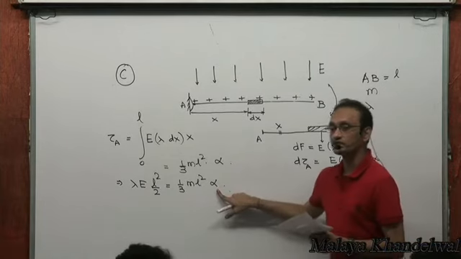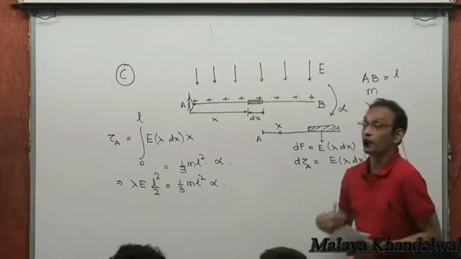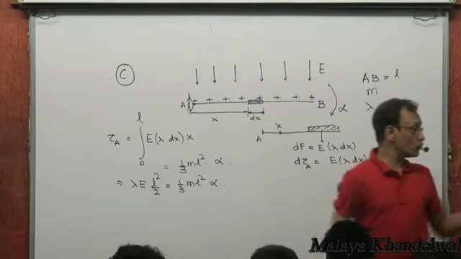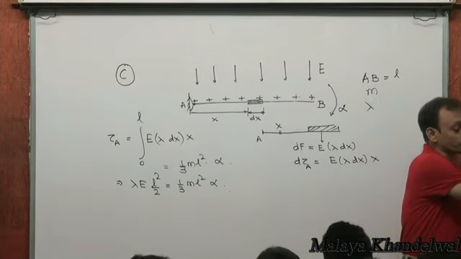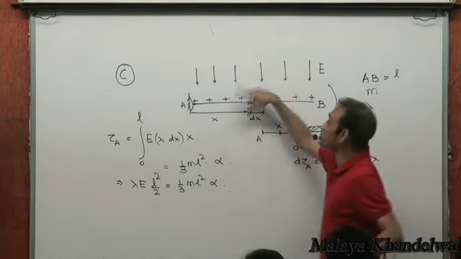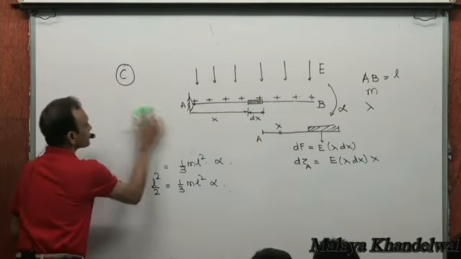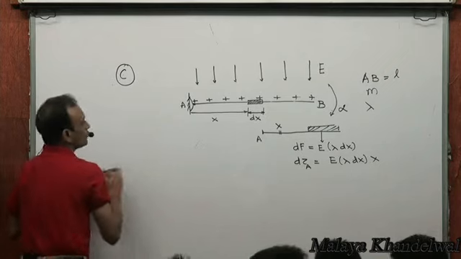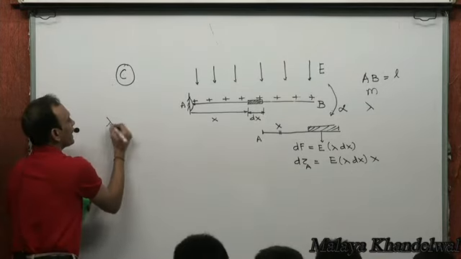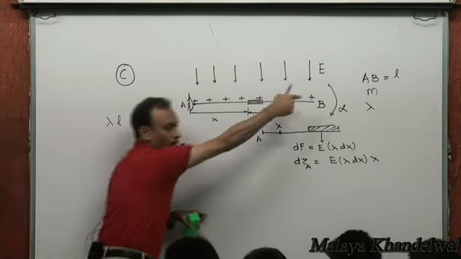So the angular acceleration alpha could also have been found without integrating. Since it's a uniform electric field, what we could have done is, it experiences a total force. What's the total charge? Lambda into L is the total charge.